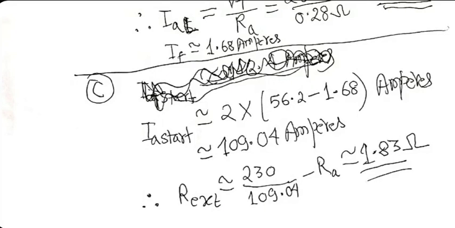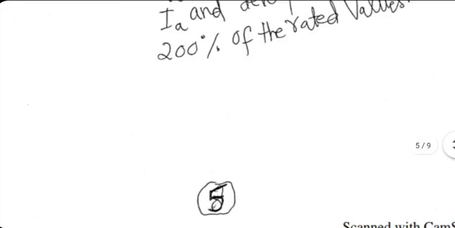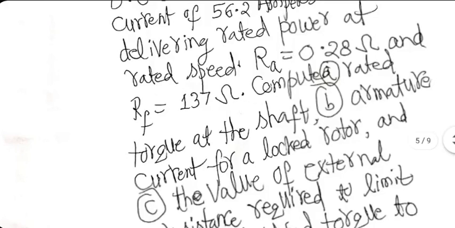Now R external is simply terminal voltage divided by this maximum allowed current. And of course, from there you subtract the value of RA. A little bit of difference will be there. RA is not very large anyway. It is some milli ohms, I think. Actually, it is 0.28 ohm. Sorry, it's a little large.